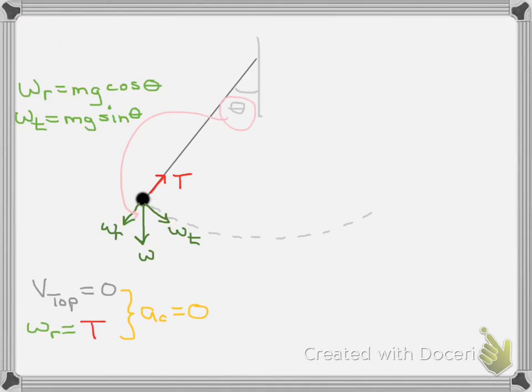And in that very instant, at the very top of the swing, when the speed is 0, and the tension balances the radial weight component, the centripetal acceleration is also 0. But the pendulum's not going to stay at that point. The tangential component of the weight is going to cause it to swing back down.